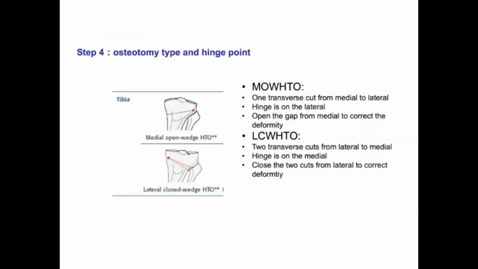Now the osteotomy type and the hinge. What is a medial open wedge osteotomy? One transverse cut from medial to lateral, and the hinge should be on the lateral aspect, so we open the gap from the medial side to correct the deformity.